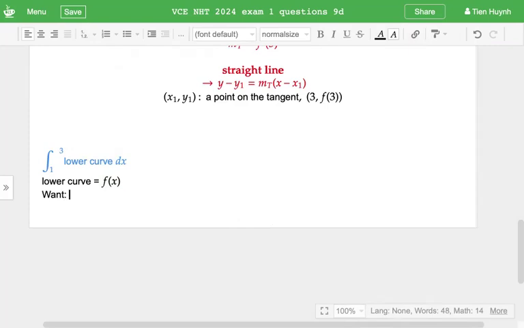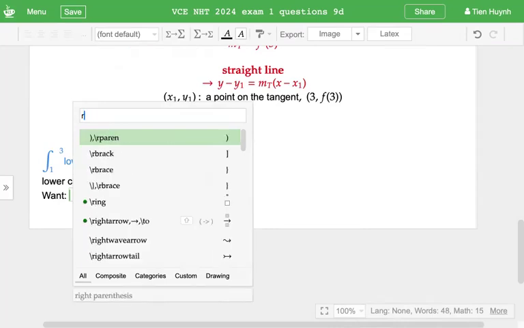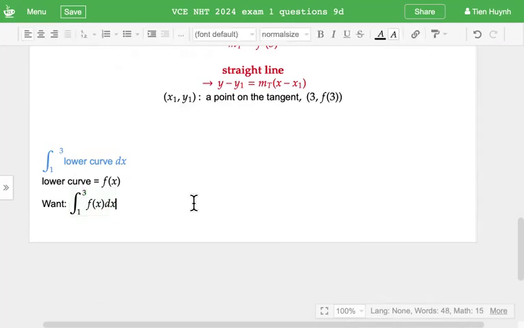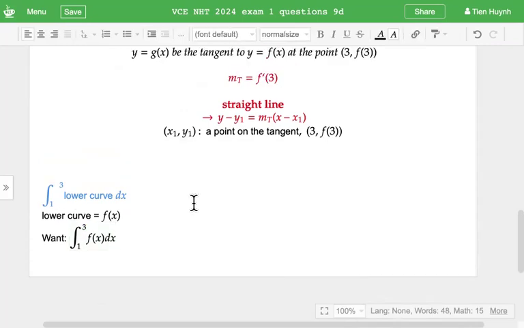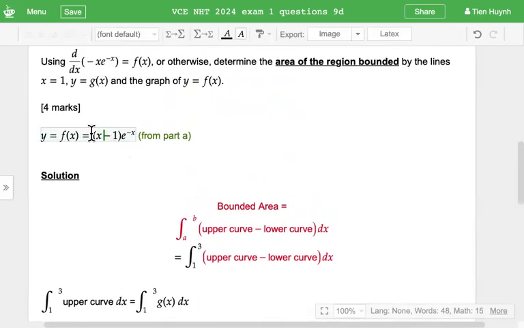We want to be able to integrate f of x dx with the boundary that is between 1 and 3. Does it make sense? Now, what is our f of x? Our f of x is this function here, right?